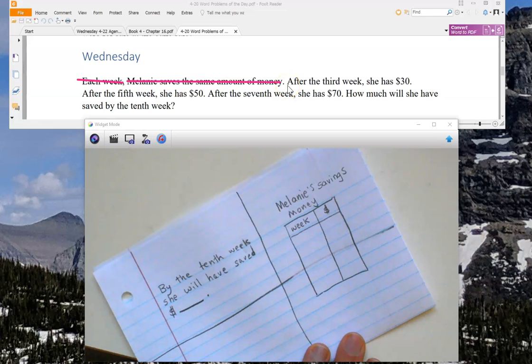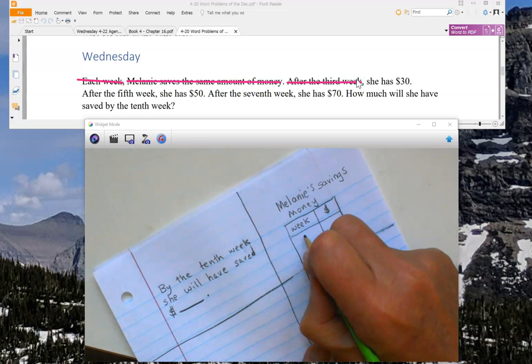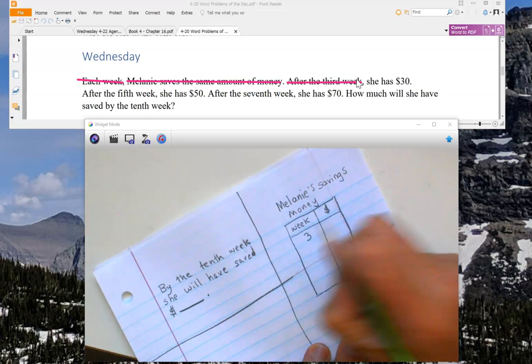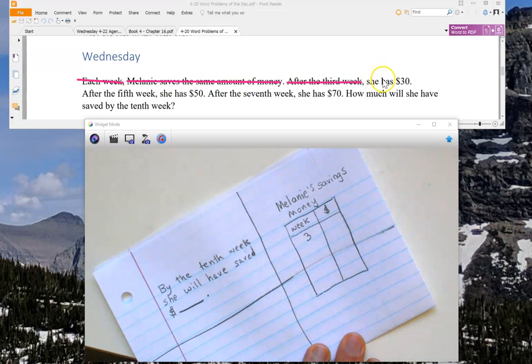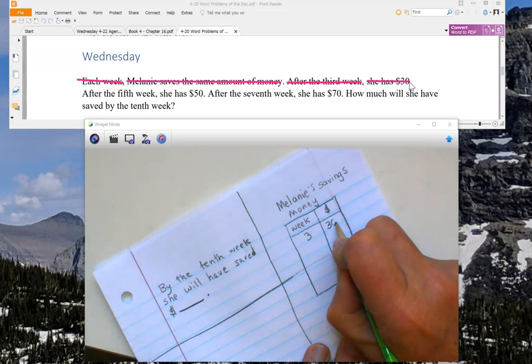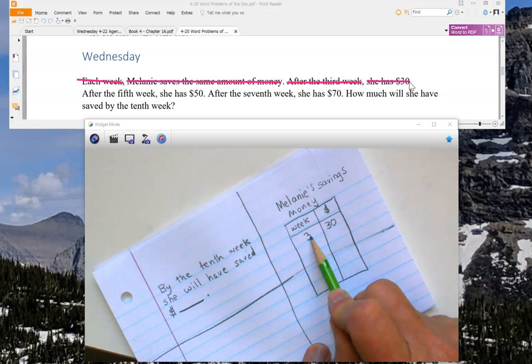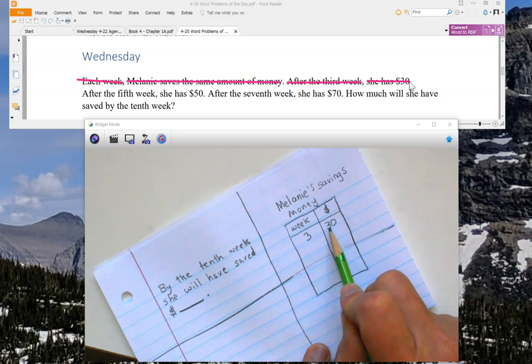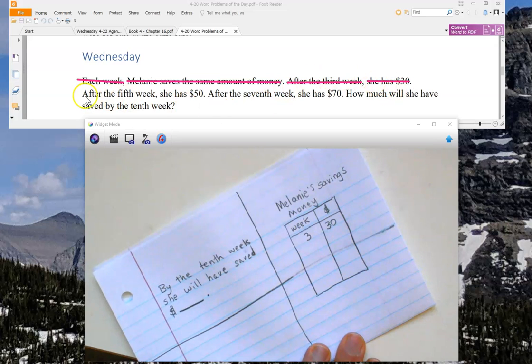After the third week, she has $30. So I'm just going to put here, this will be week 3, and she has $30. So we'll cross out that $30. Now it says here that after the 5th week, she has $50.